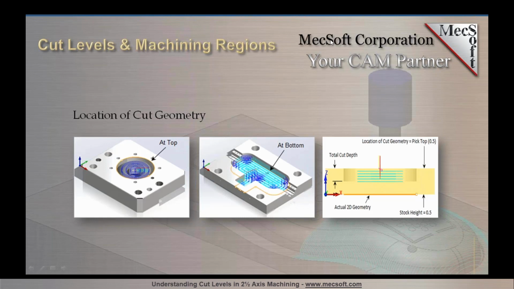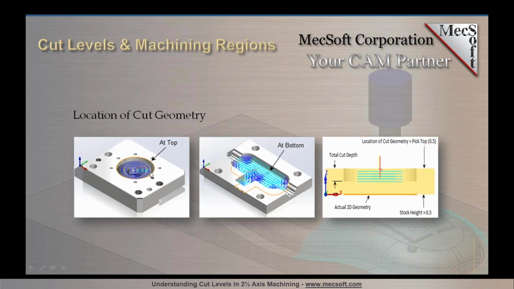What we're trying to show with these 3 pictures on this slide is the geometry that I've selected, which is indicated by the orange color. On the first picture on the left, you've selected the geometry at the top, and then you've defined a depth of cut. And so the system knows that it's going to start there, and you've given it a depth of cut.